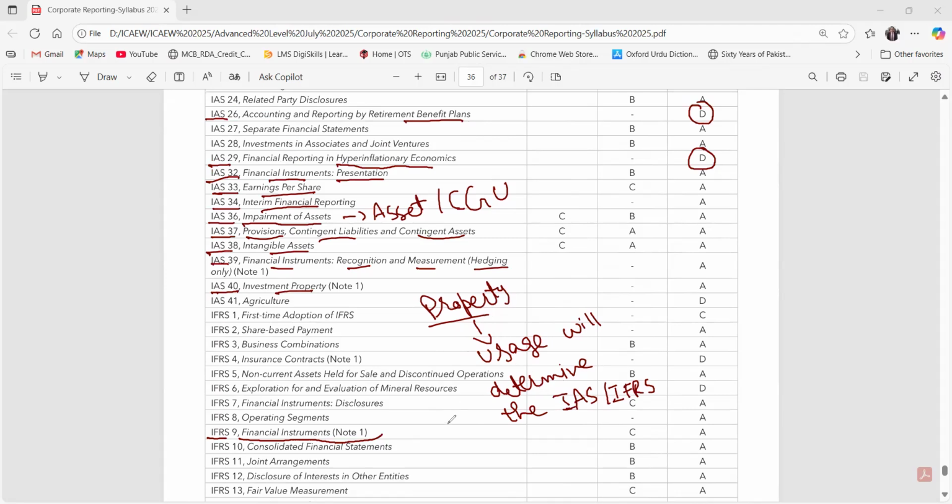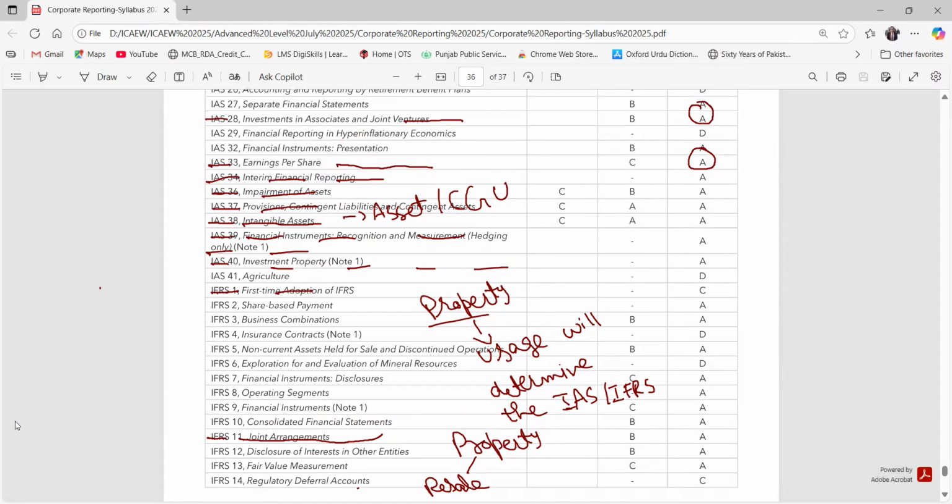For example, if this property is for resale purposes, then what standard would be applied? Anything that is held for resale purposes is classified according to IAS 2.